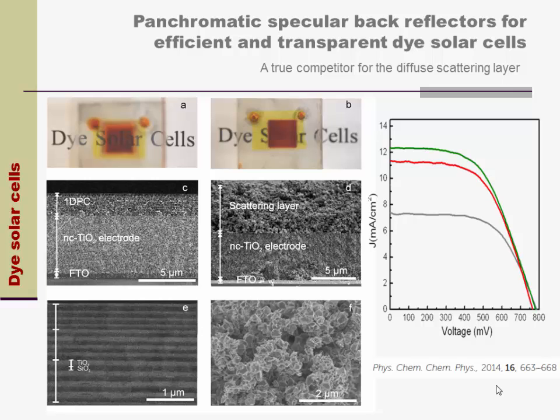So that is another thing we had in mind when we introduced either the diffuse layer or even the photonic crystal that we were proposing. So we started thinking about ways to improve absorption, improve light harvesting, but preserving this functionality of the cell. So is there any way?